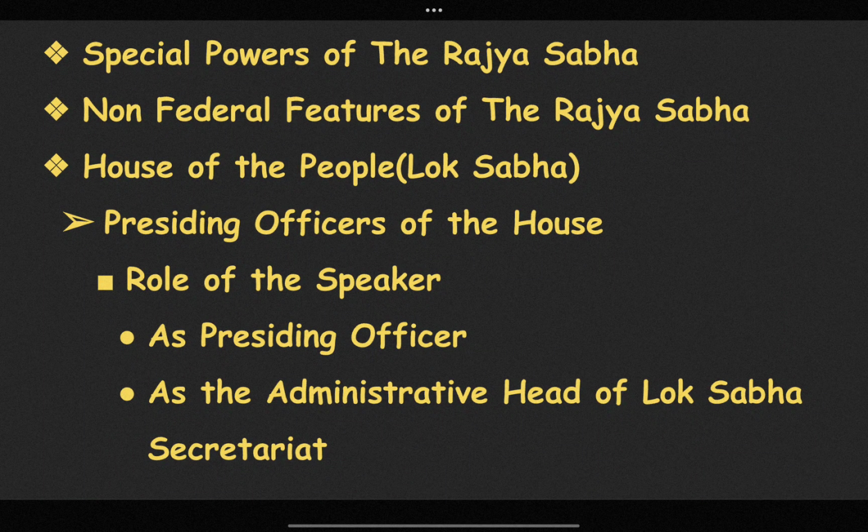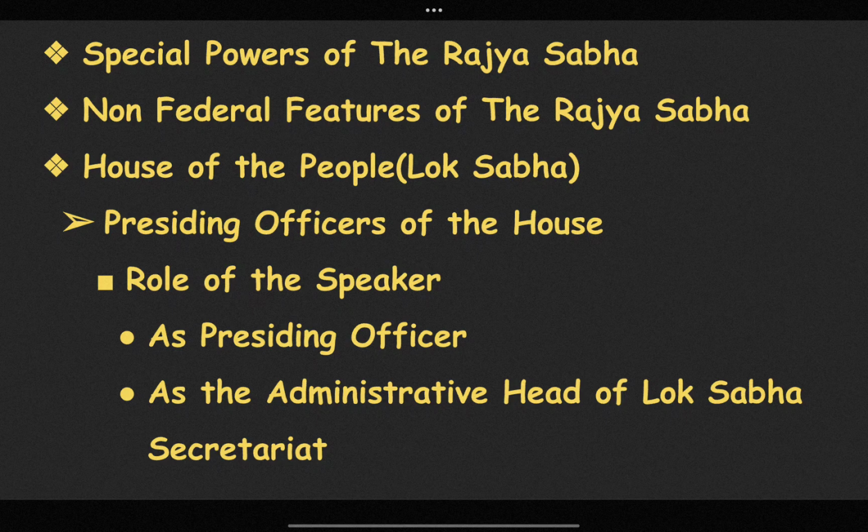Under Article number 312, the Rajya Sabha can pass a resolution by a majority of not less than 2/3 of the members present and voting, authorizing the Parliament to create an all India service on the ground of national interest. The next topic is non-federal features of the Rajya Sabha.